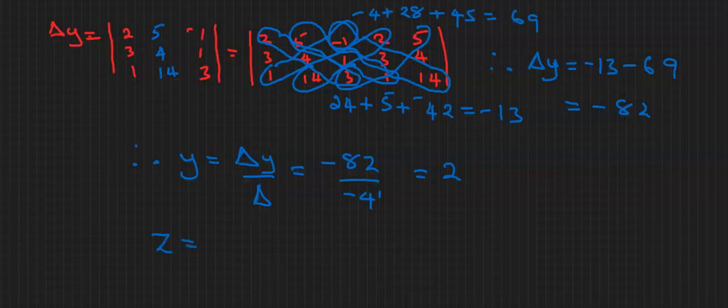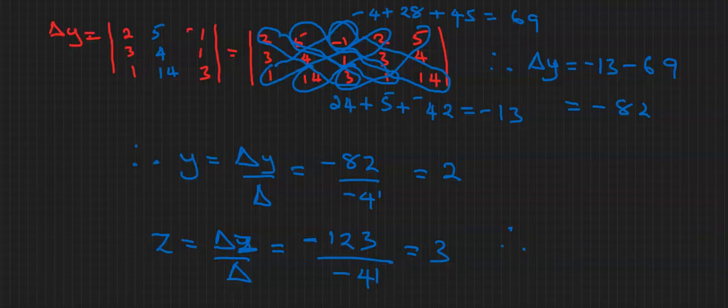Note that z is the determinant with respect to z over the determinant of the coefficient matrix. It can be shown either using a calculator or any other method that the determinant with respect to z is negative 123, over the determinant of the coefficient matrix, which is negative 41, and therefore you get z is 3.